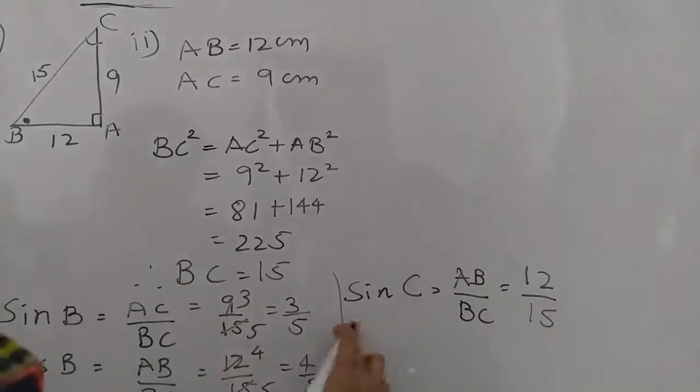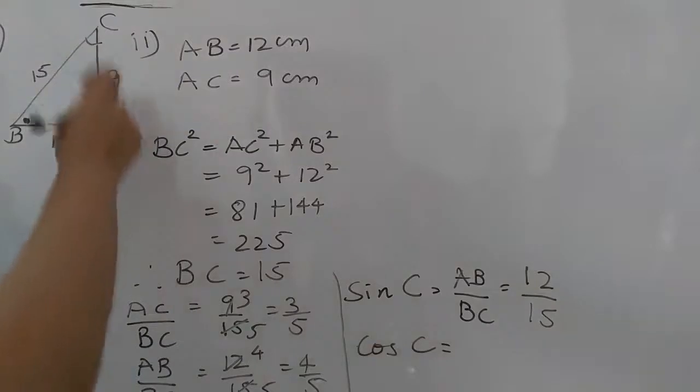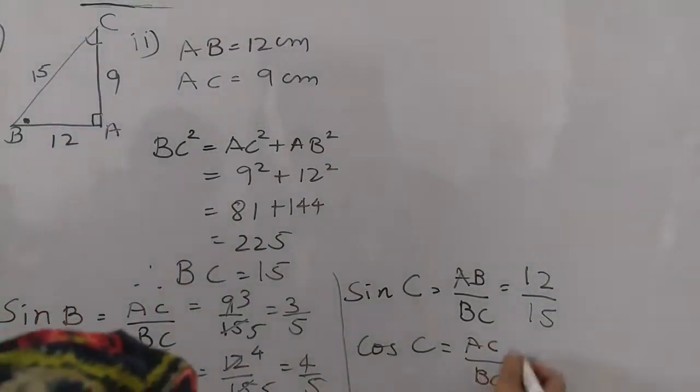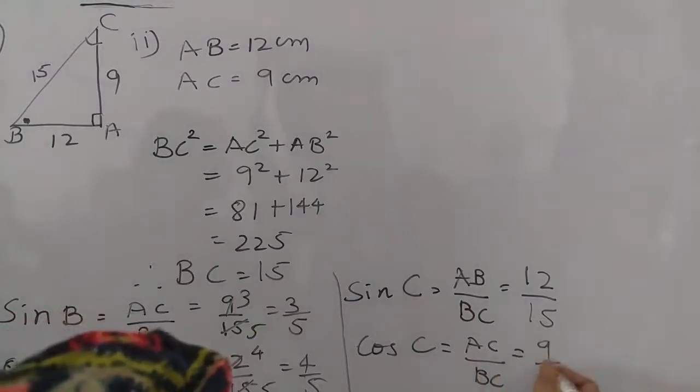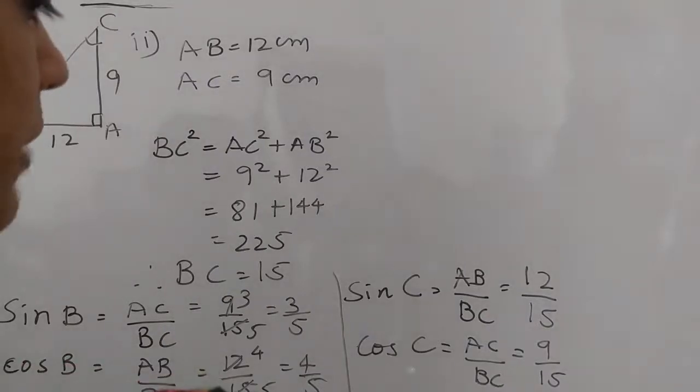Then cos C. According to angle C, adjacent is AC and hypotenuse BC. AC is 9 and hypotenuse is 15. And the third one is tan C. So tan C means opposite AB upon adjacent AC, so that is 12 by 9.